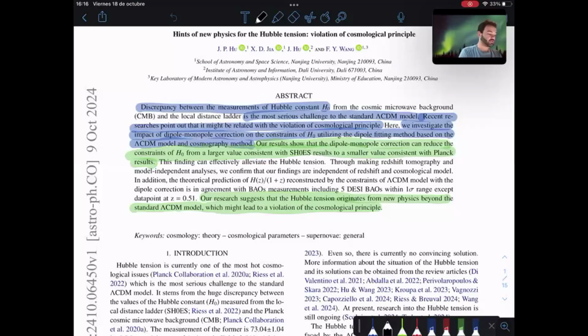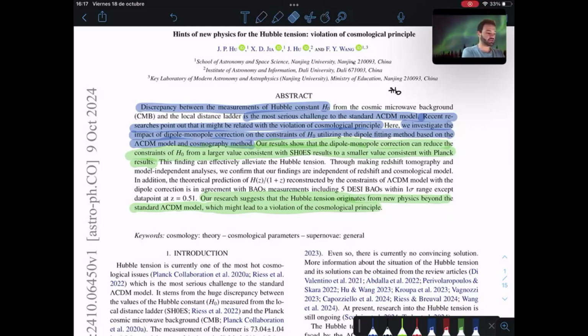All right, so let's read the title and see what this paper is telling us. This paper is saying hints of new physics for the Hubble tension, violation of cosmological principle. What the title is trying to say is that the Hubble tension is an issue currently going on in cosmology, where scientists have tried to measure the value of H naught.